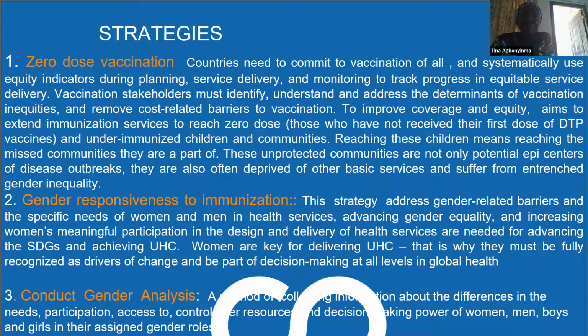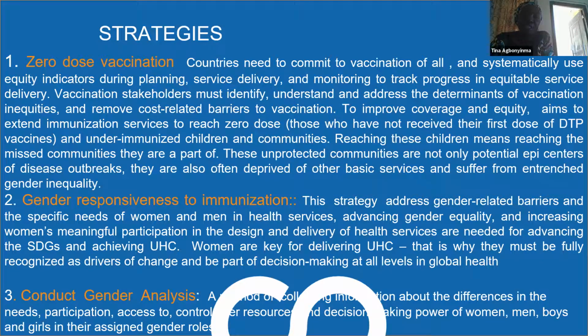Countries will be committed to vaccination of all, systematically using equity indicators during planning, service delivery, and monitoring to track progress in equitable service delivery. Stakeholders must identify, understand, and address the determinants of vaccination inequality and remove cost-related barriers to vaccination.